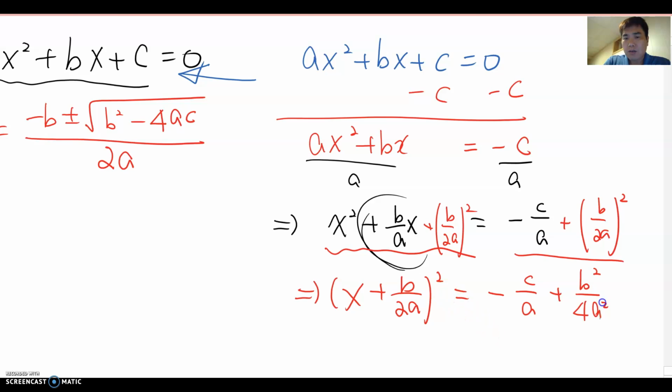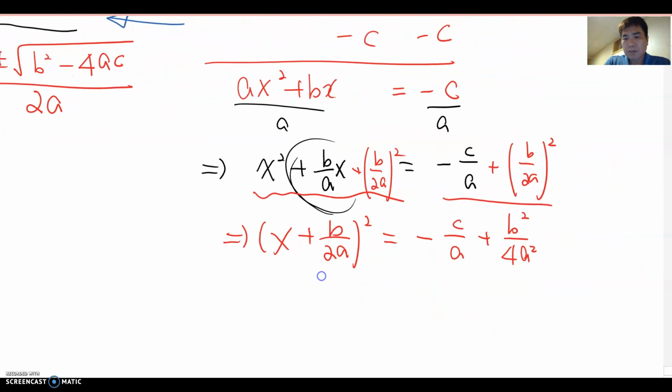Okay, now I'm going to combine the right side terms. Using the common denominator, which is 4a squared, you need to multiply by 4a in both the numerator and denominator.